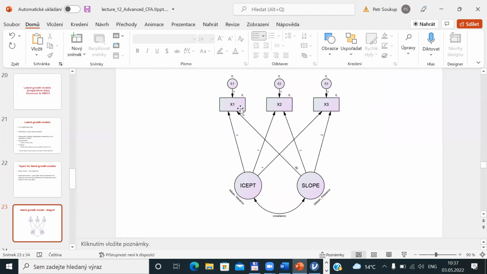Here we have 3 repeated observations of some phenomenon. For example, in my data, I have 3 repeated observations for mathematics and science from 7th up to 9th grade at elementary school. And here we have 3 observations, and the intercept, as you can see, is related to these individual observations by unit.